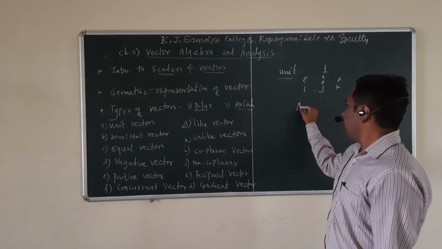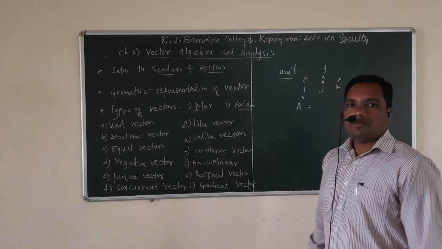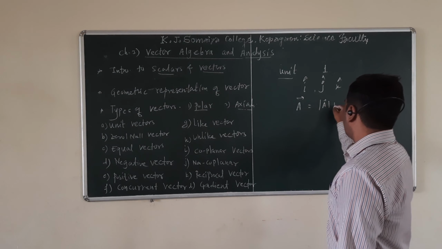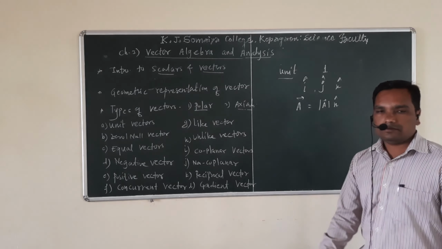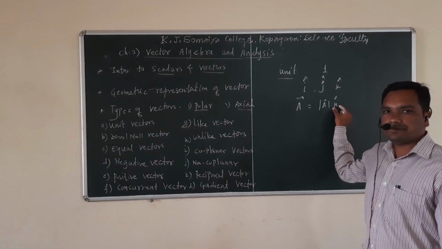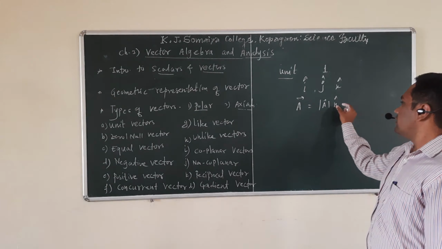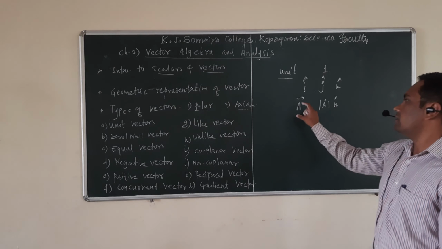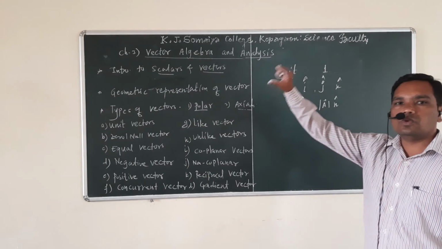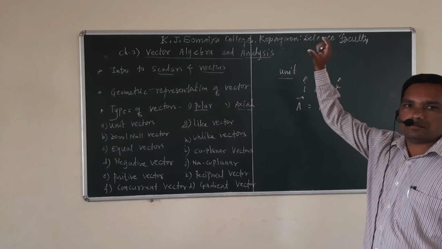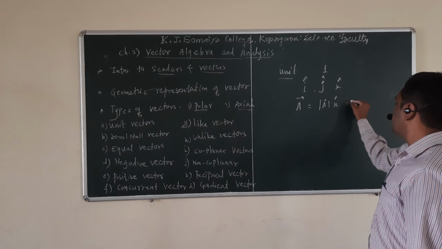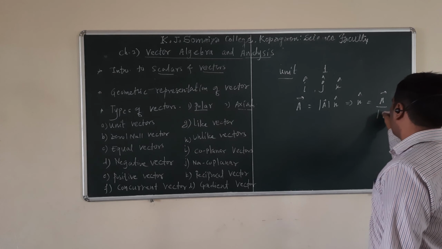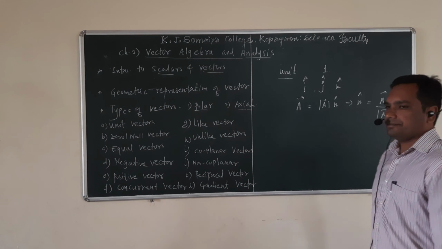Suppose vector A; we can write that vector as magnitude of vector A times n cap. n cap is the direction along which the value of vector A goes on increasing. So from this we can calculate n cap as vector A divided by the magnitude of vector A.